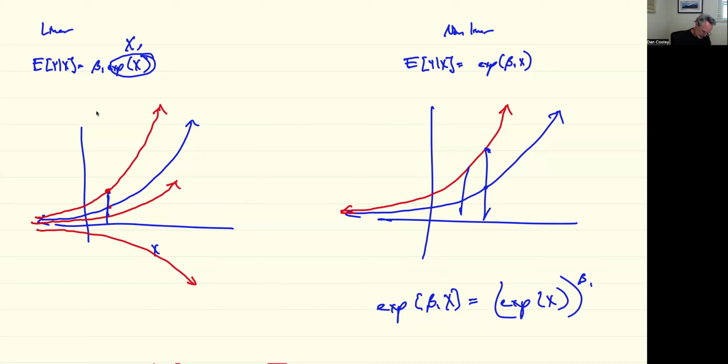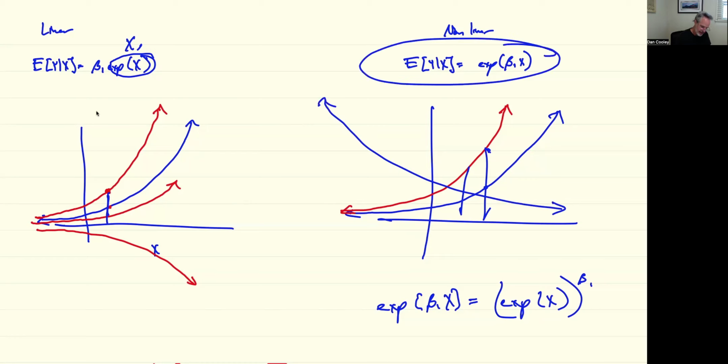If beta 1 were negative, we get a decreasing exponential function. Importantly, this is not linear in the regression coefficients. There's no way to write that as regression coefficient times some new value x1. That beta is embedded in this. So that is the difference between a model that is statistically linear and a model that is nonlinear.